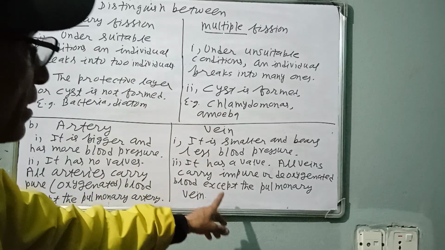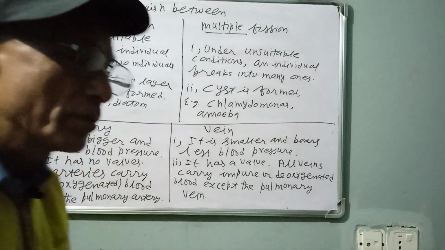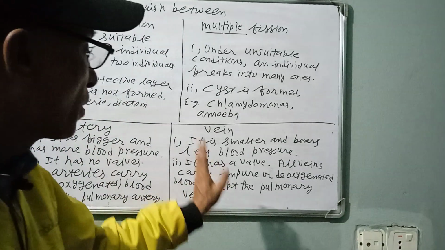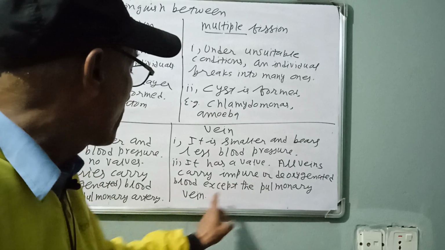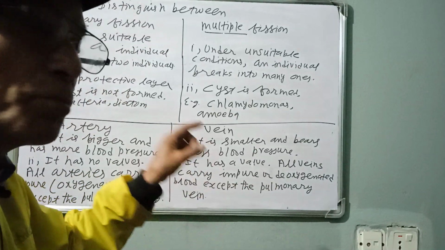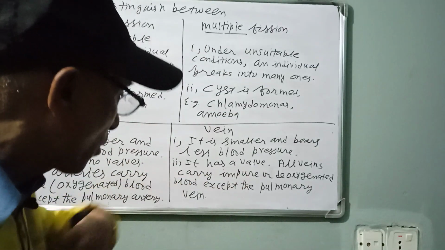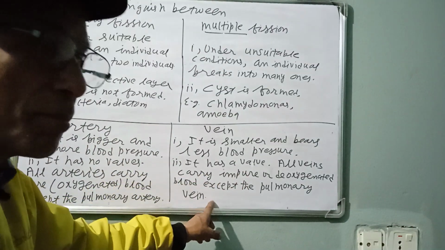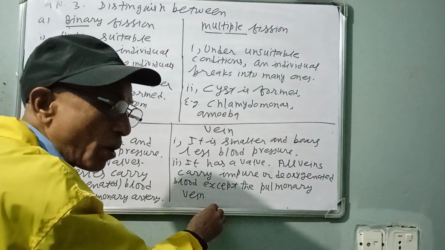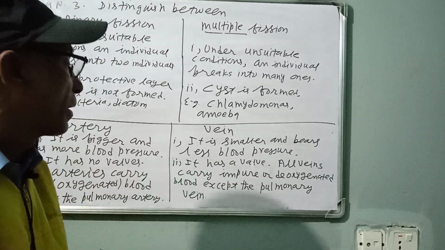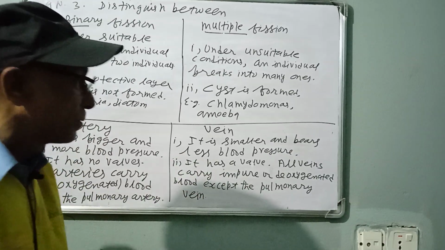All veins carry impure or deoxygenated blood, but the pulmonary vein carries pure blood. The blood has already been made pure in the lungs. So the pulmonary vein carries pure blood from the lungs to the left auricle. Okay, this much for today.